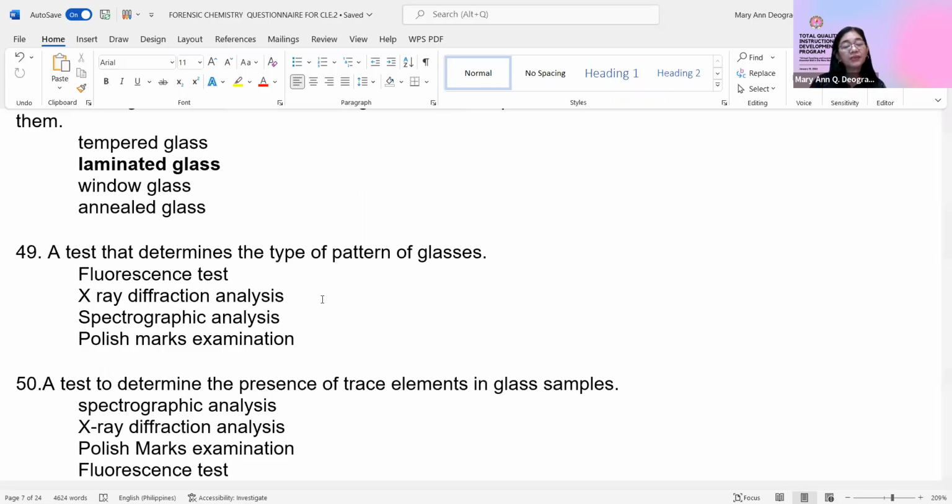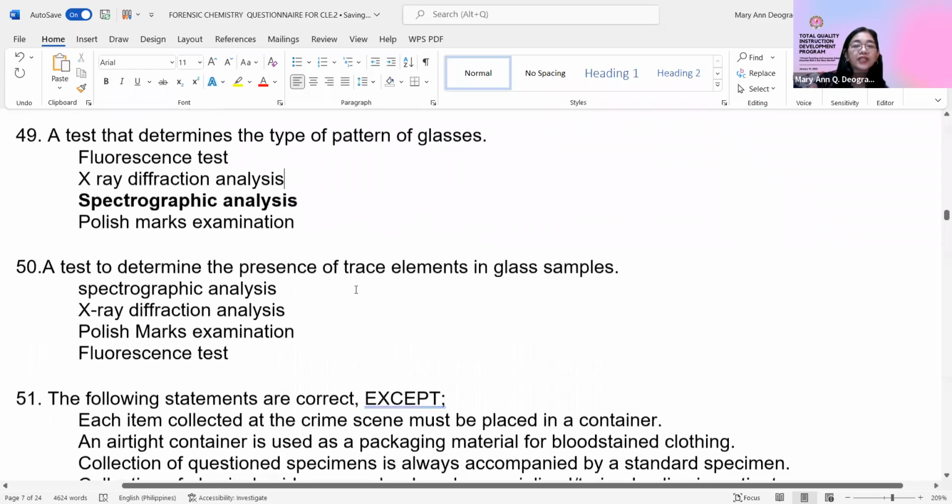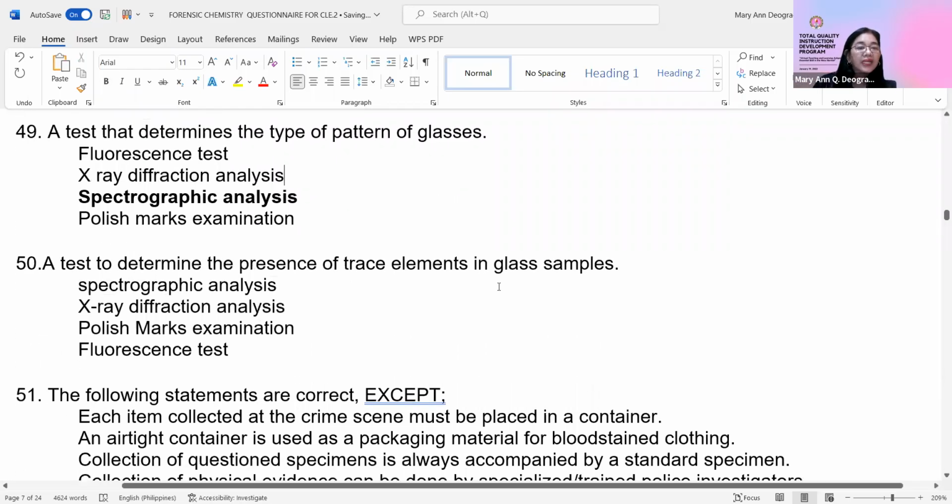Okay. A test that determines the type of pattern of glass. Comparative analysis of glass. It's the spectrographic analysis. Okay, wait. Elements, we have trace elements.